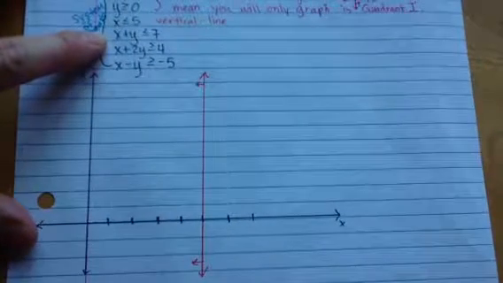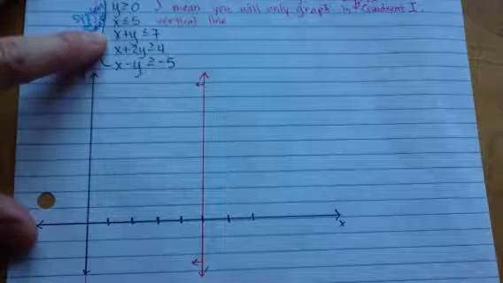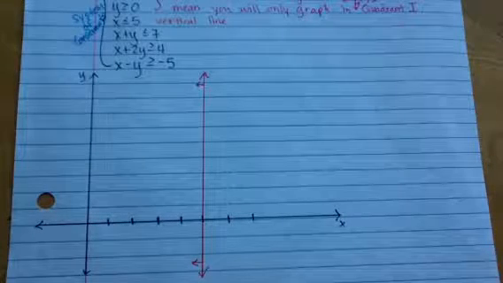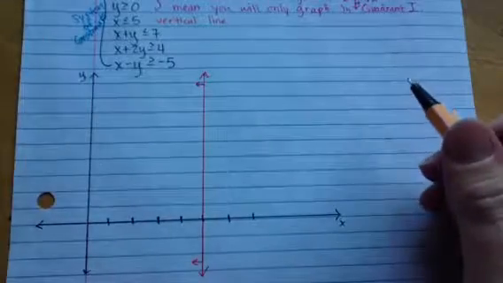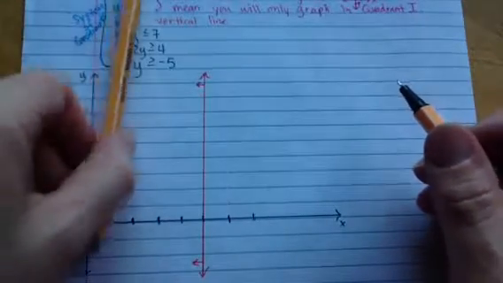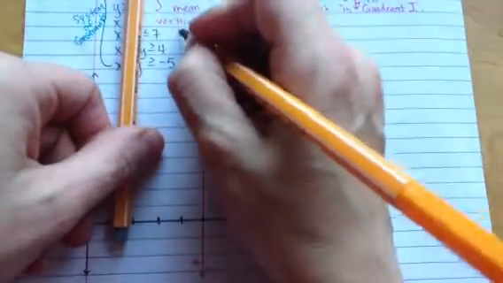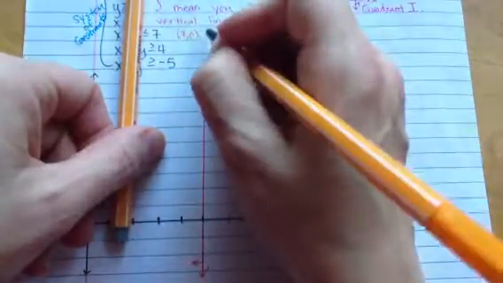We'll go on to the second constraint here, and that is in standard form. So I will use the cover-up method to figure out the x and y intercepts. So I'll cover up the y, and that gives me x equals 7, so that will be 7, 0.